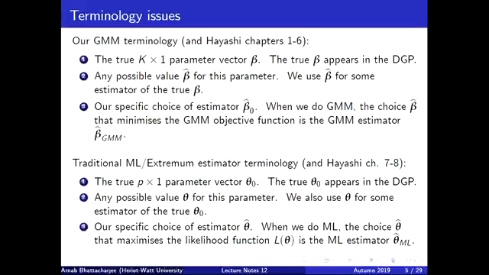And our specific choice of estimator is beta hat naught. All right. We know what beta hat naught is when we do standard GMM. And we are going to take that little bit additional step to the nonlinear world here. Okay. So this is our notation.